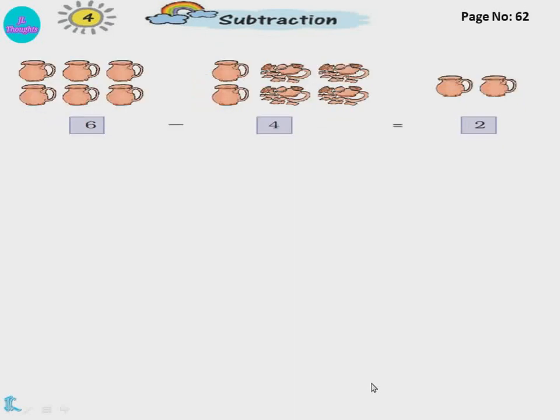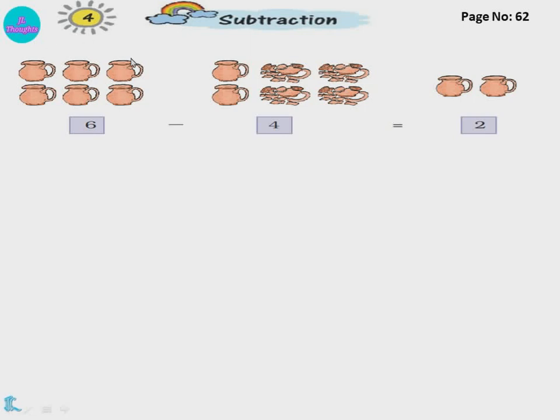Page number 62. Now see how many jugs are there? 1, 2, 3, 4, 5, 6. 6 jugs are there. In the 6 jugs, how many broke? 1, 2, 3, 4. So you'll write here 4. So 6 minus 4 equals 2. So how many good jugs are left with you? 2.